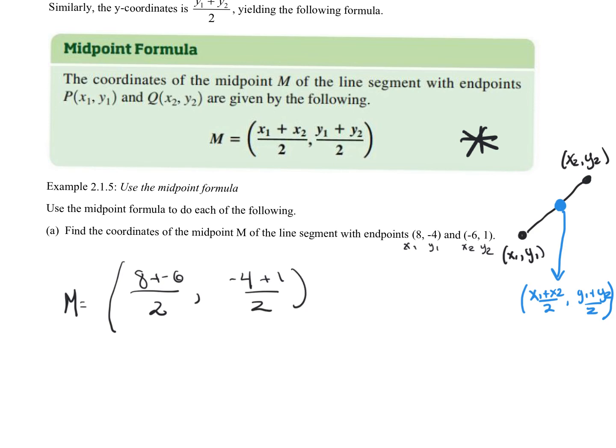So 8 plus negative 6 is 2. 2 divided by 2 is 1, comma, negative 4 plus 1 is negative 3. Negative 3 divided by 2 is negative 3/2. So the midpoint between those two ordered pairs we were given is 1, comma, negative 3/2.